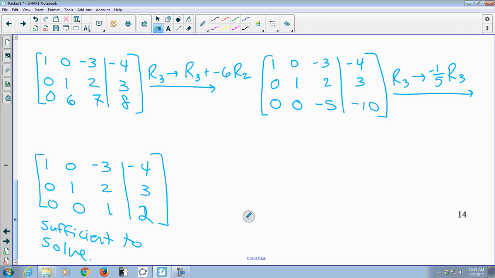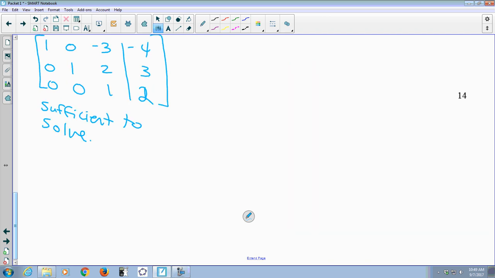But we're going to keep going and finish solving using the backwards phase. Yep. This is echelon or triangular form.